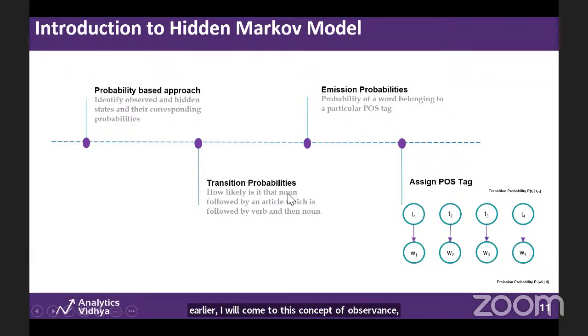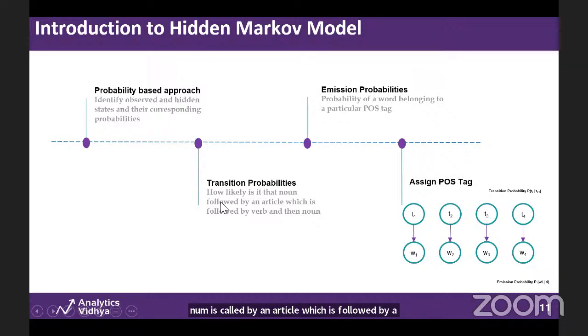So there are essentially two kinds of probabilities we will be dealing with in a hidden Markov model. One is transition probability and the other one is emission probability. In the case of transition probability, given a sentence and given the POS tags, what is the transition probability from one POS tag to another POS tag? For instance, how likely is it that a noun is followed by an article, which is followed by a verb and then a noun?